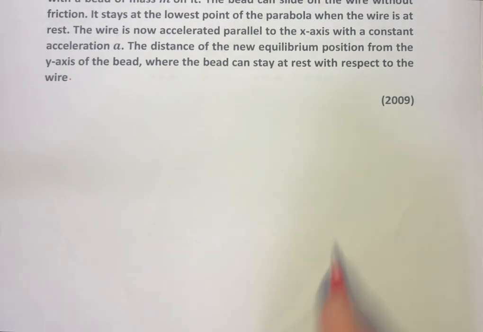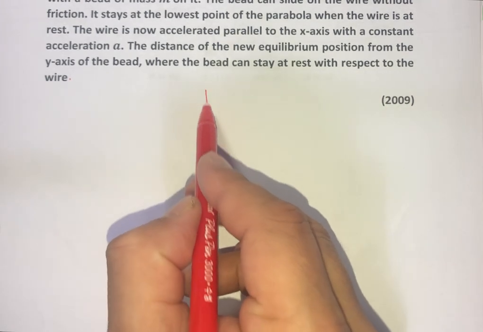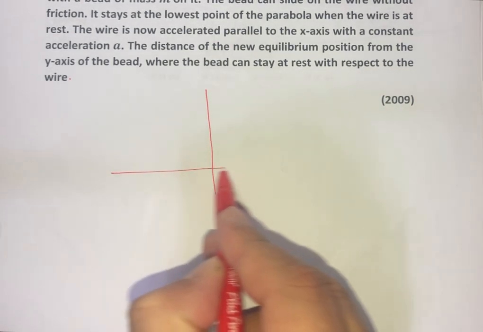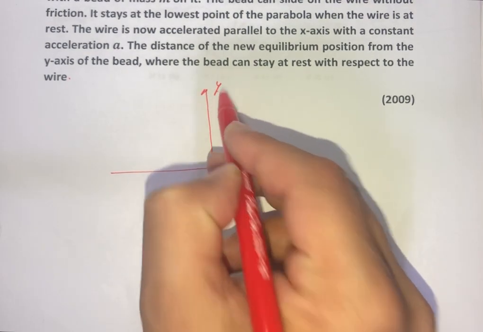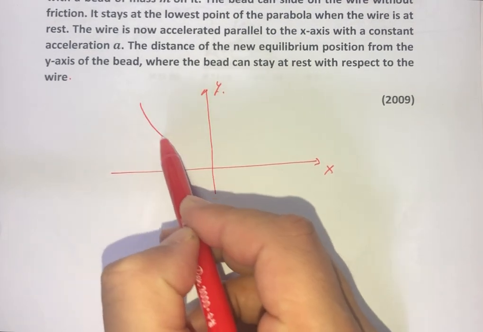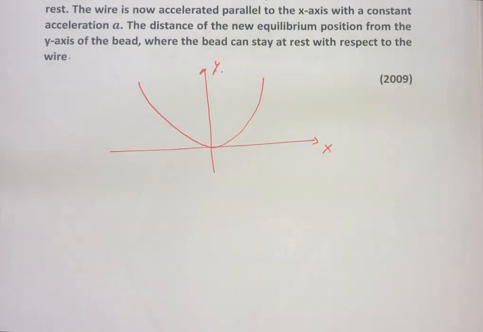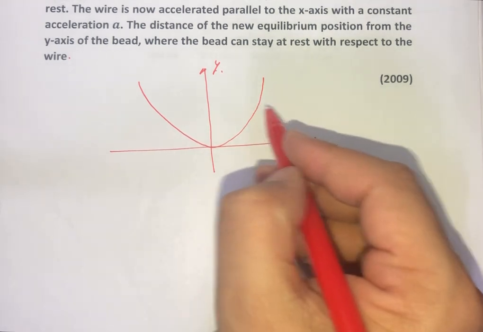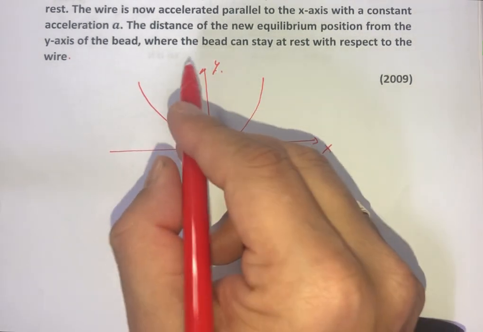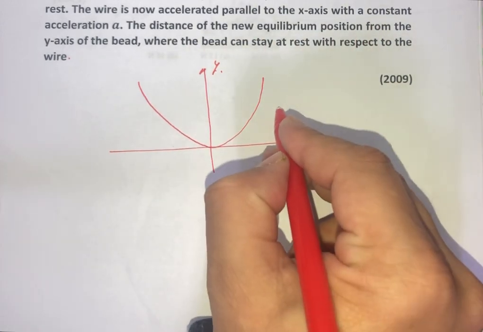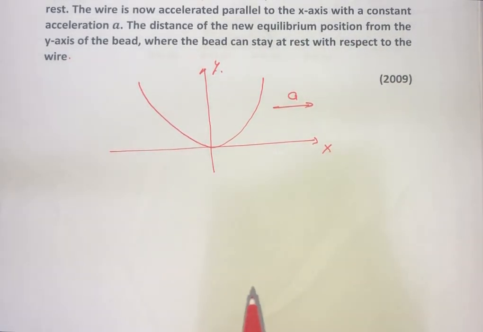So let's draw the diagram. This is our x-axis and this is the y-axis, and we have a parabola like this. Now this parabola is going to move with a constant acceleration a to the positive x-axis.